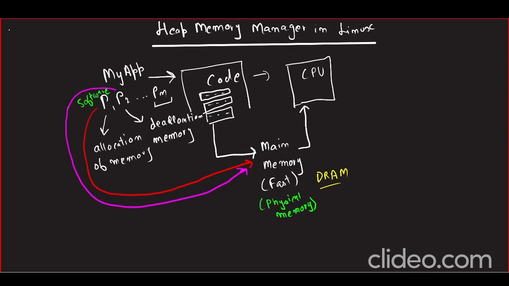Any software cannot directly communicate with a physical memory. So for that, we have made something called the kernel. I'm really sorry, the spelling is wrong. So we can write here kernel. Let's understand a little bit about the kernel.